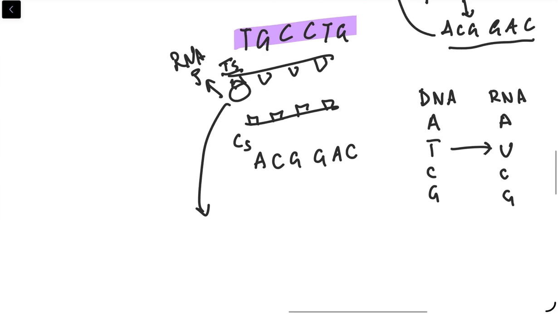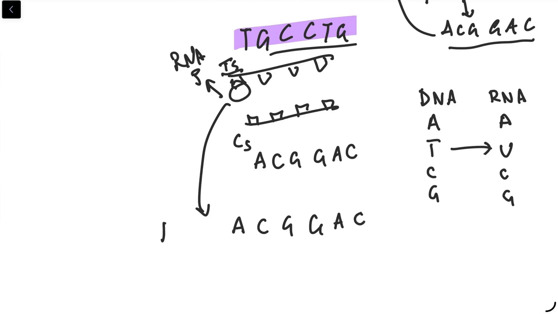This specific sequence doesn't involve that, so we will see an example later on. We know RNA polymerase will create the opposite to this: T pairs with A, G pairs with C, C pairs with G, G, A, C.